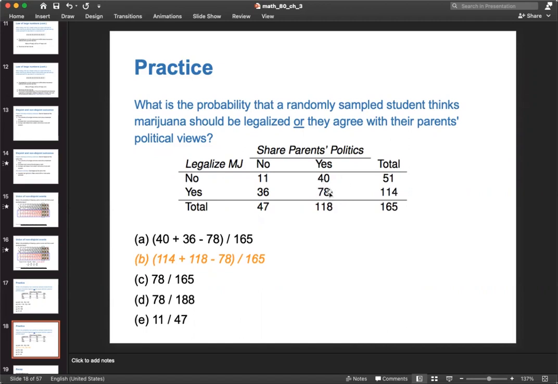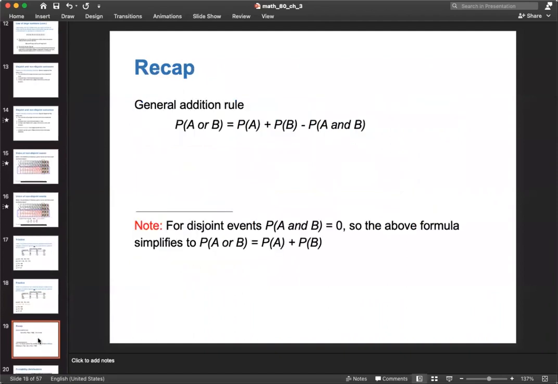So we have to subtract off for that. And that's the event that the student both believes in legalizing marijuana and shares their parents' political views. That's 78. Then the total number of students reporting is 165. And that's how you obtain this probability. And the trick there is that or statement. And we can actually place a formula to this. It's going to be called the general addition rule.